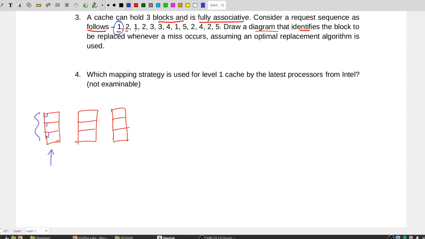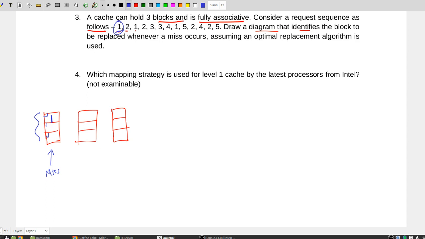So the first time you are accessing, block number 1 is being accessed. So is it a miss? Yes, it is, because there is nothing valid in the cache. So you can put 1 anywhere. Since it is a fully associative memory, any main memory block can go to any block in the cache.